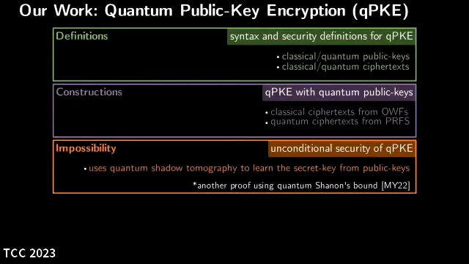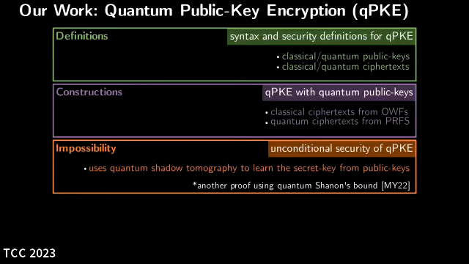And then we also answer the question of whether we can achieve unconditional security for QPKE, because in the quantum setting, the closely related notion, key exchange, we know we can achieve unconditionally by the famous QKD protocol.